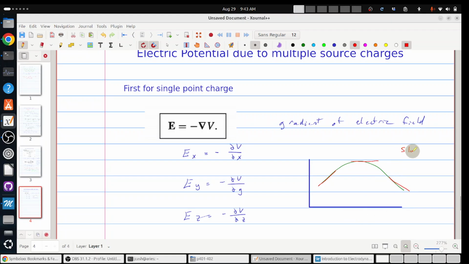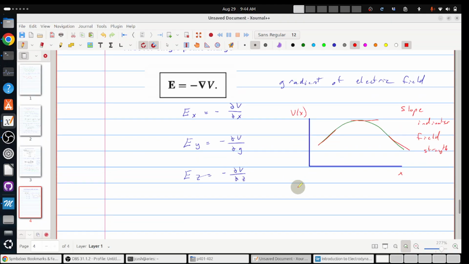And the slope indicates the field strength. So if this is x, the position along the x direction, the slope indicated the field strength. And so in 1D we had things like it was minus the derivative.